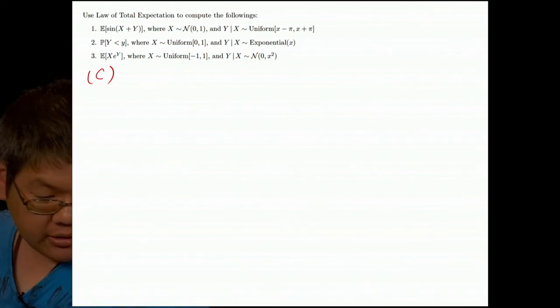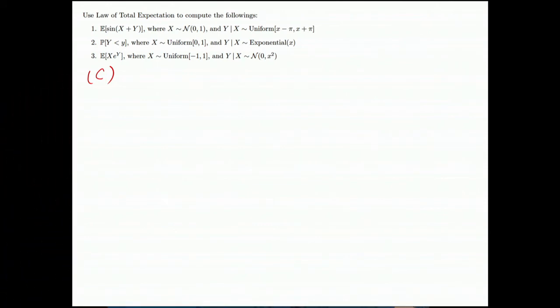Number 3 is the expectation of x times e to the y. Again, we just write it down: x e to the y.